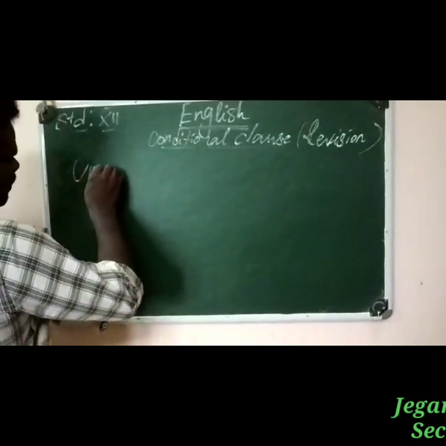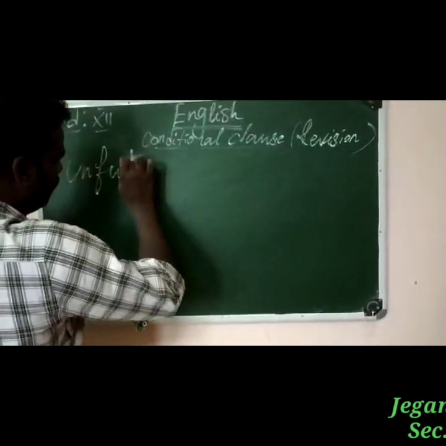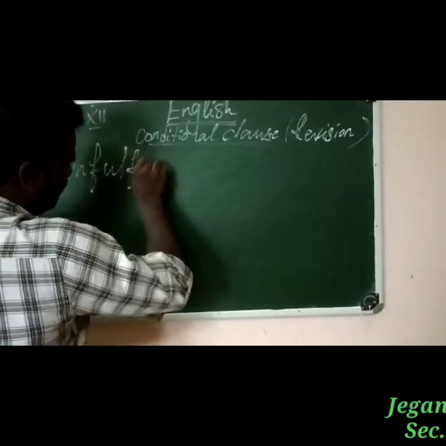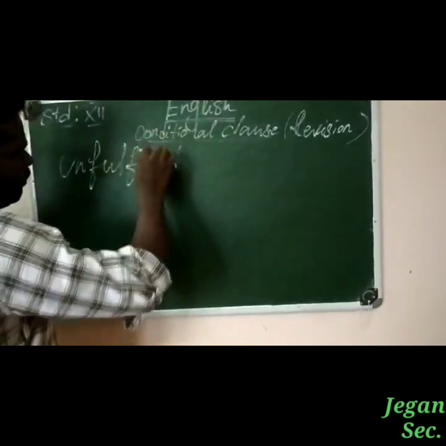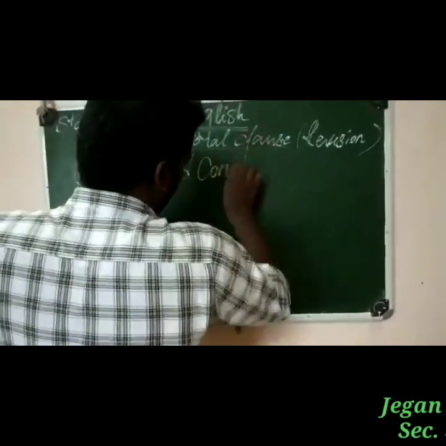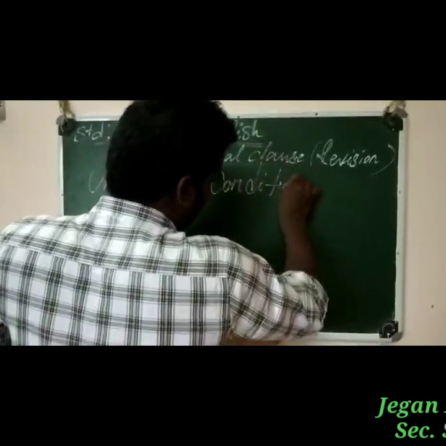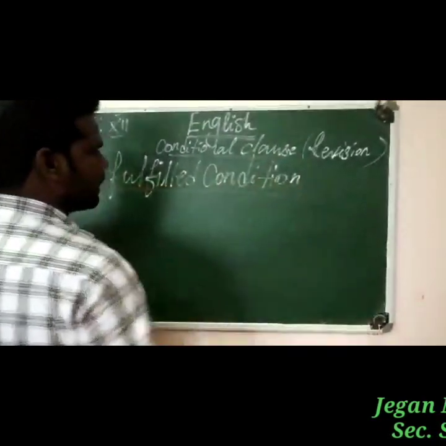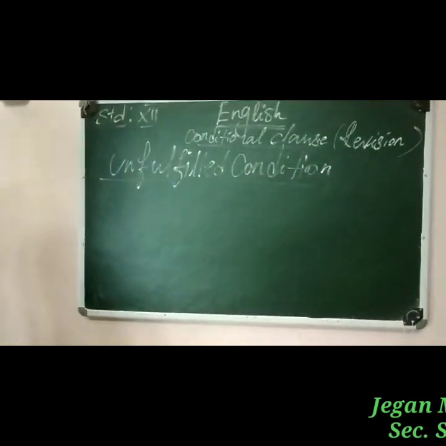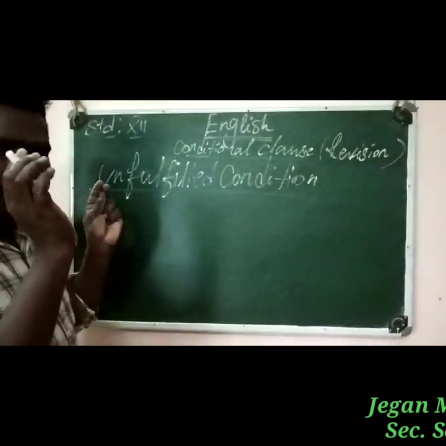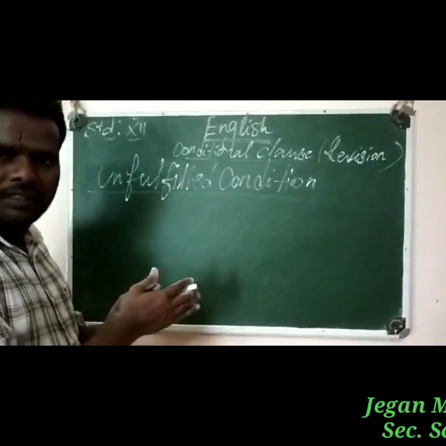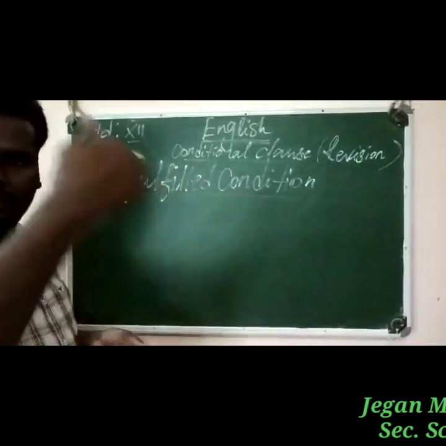Unfulfilled condition. How will you make the unfulfilled condition? The condition part is past perfect. The result part is would have plus V3.